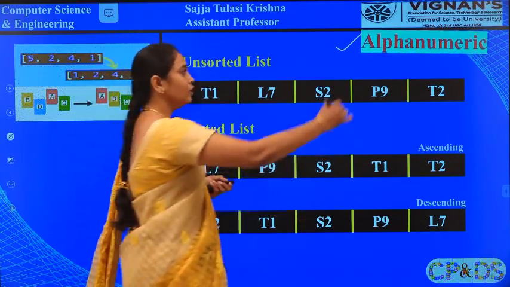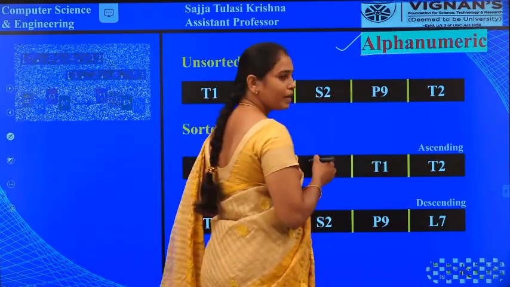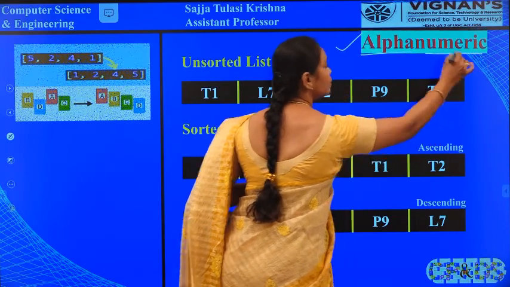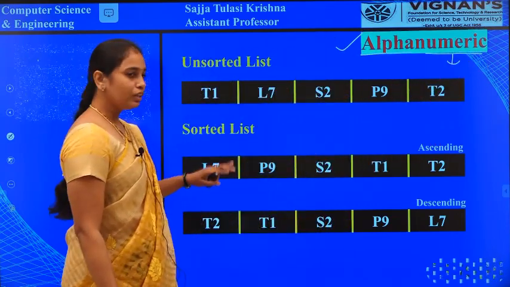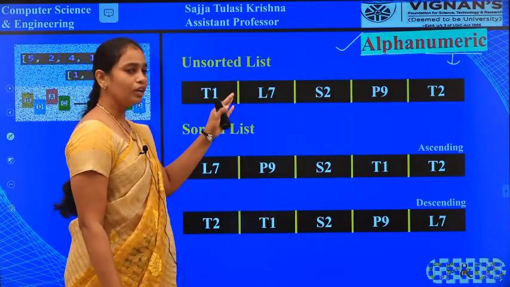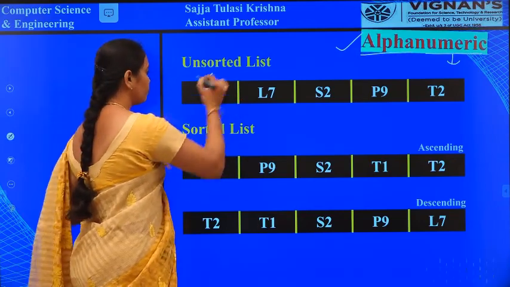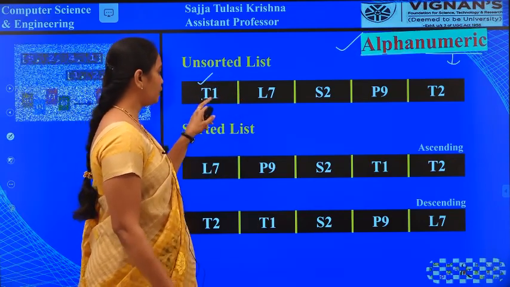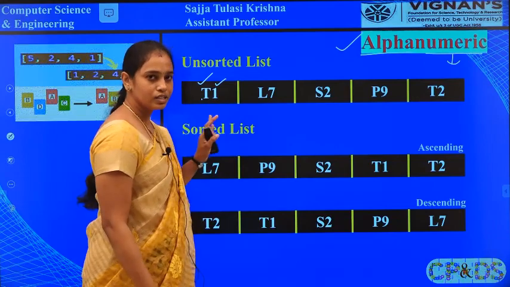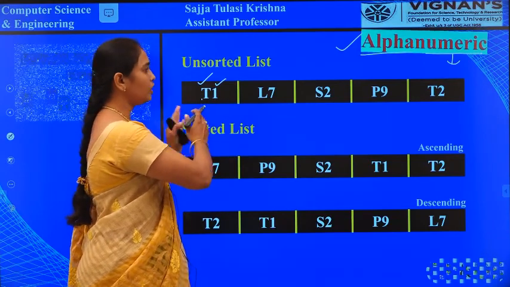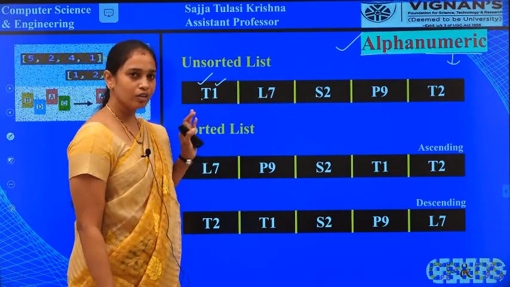Alpha means alphabets and numeric means digits. We use the combination of both in the list. See here, this is a character and this one is a digit. The combination of both is called alphanumeric.